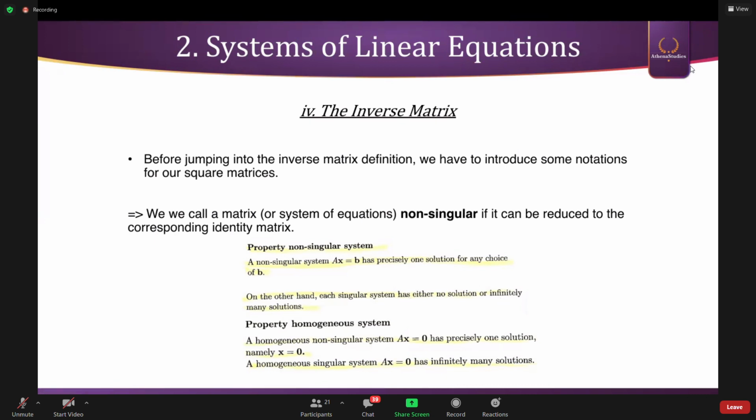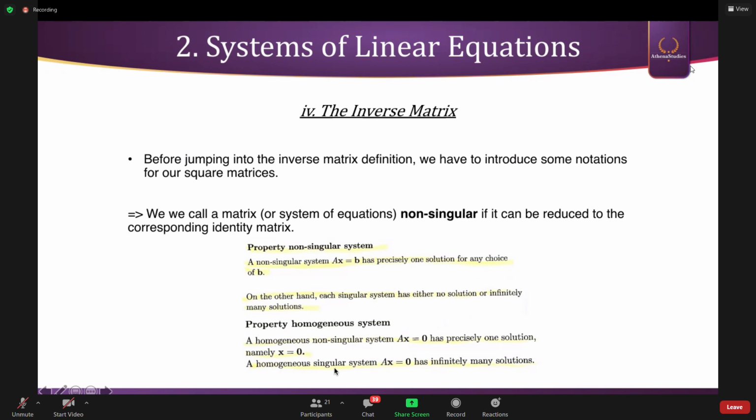A little bit of theory. What about a homogeneous system? Remember, a homogeneous system was this type of system where Ax = 0, where 0 here doesn't represent a number, but the null vector, a vector which contains only the elements 0, 0, 0. So a homogeneous non-singular system, a non-singular system that is equal to 0, has precisely one solution, which is x = 0.